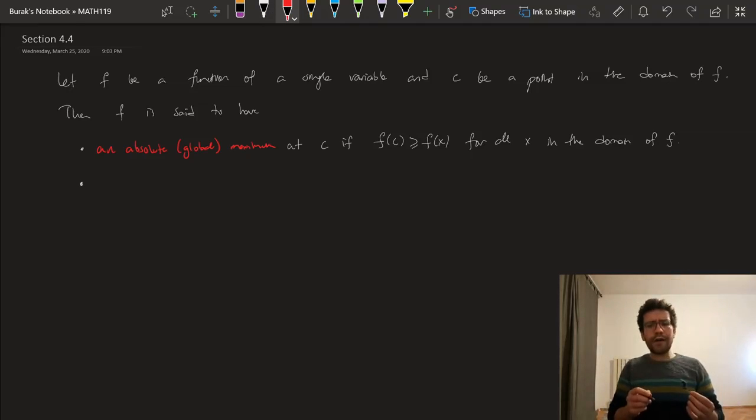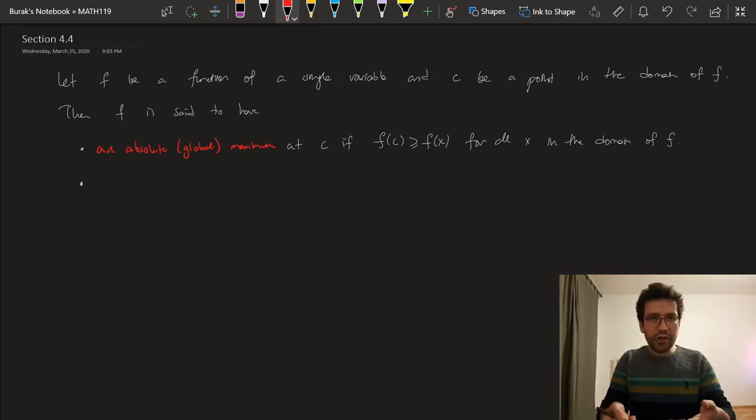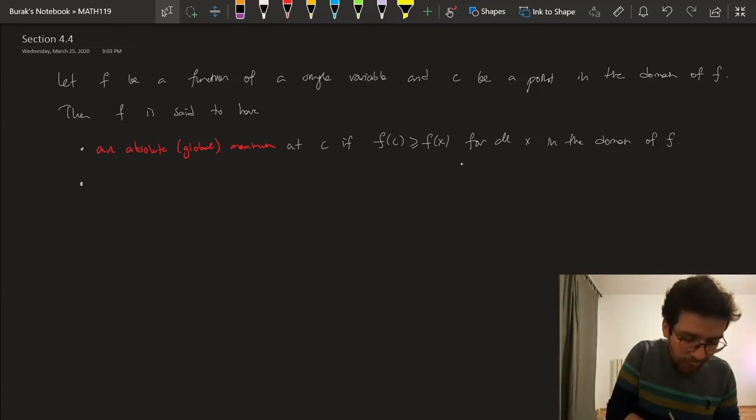Sometimes you don't want to find such points, because this is very restrictive. Such things may not exist. Sometimes you're interested in points c where f of c is greater than or equal to f of x, not for all x, but for x that are around c. If you just write down that definition, that gives you the definition of what's known as a local maximum.